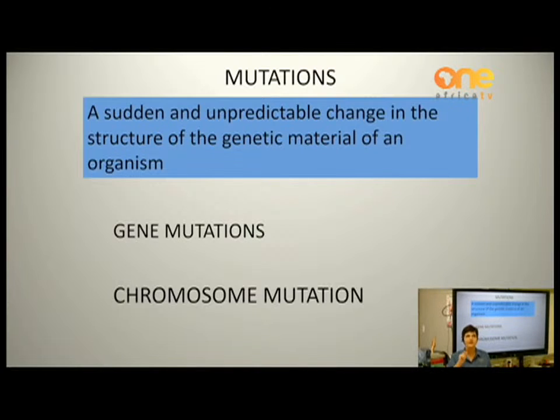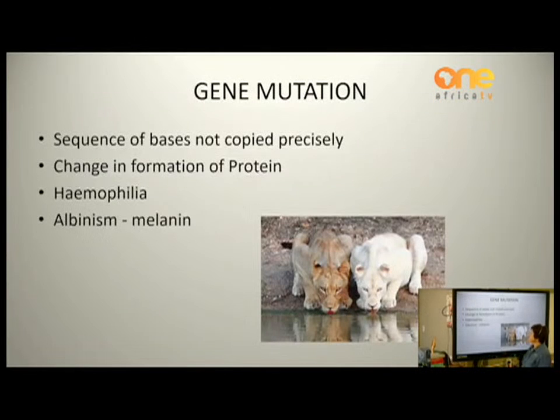You got that one? Okay, that is gene mutations. And then we also have chromosome mutations, where there is something wrong with the chromosome in its completeness. So gene mutation, this sequence of the bases not copied precisely. And that changed the formation of the protein. Hemophilia, prevent blood clotting, that protein is wrong.